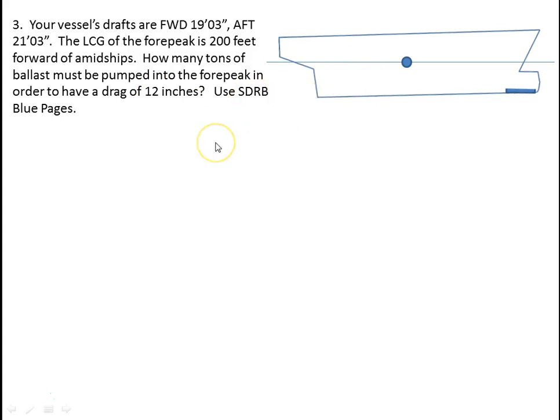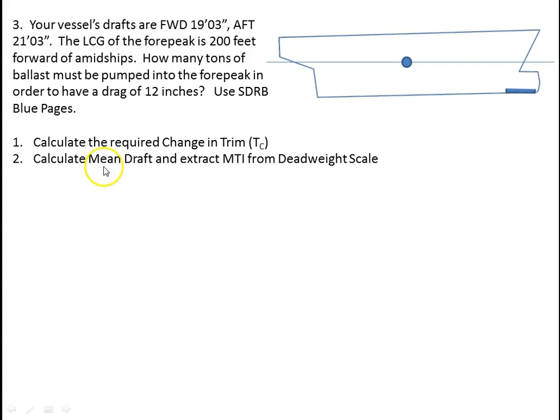And we're going to have to use the stability data reference book for this. So there's sort of 3 steps to this problem. We have to figure out what the required change in trim is going to be, the trim change, abbreviated here by TC. After we do that, we're going to calculate the mean draft and extract MTI from the deadweight scale.